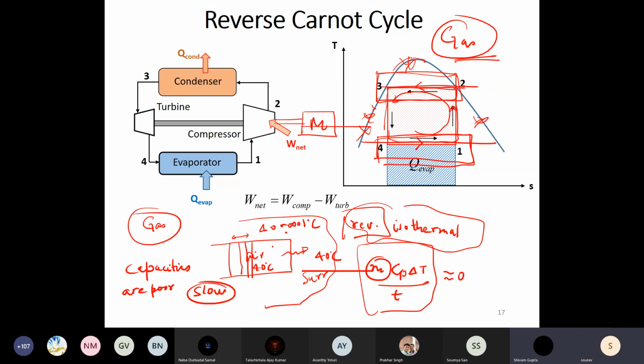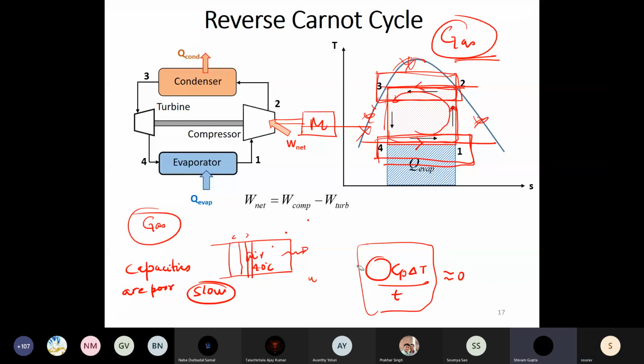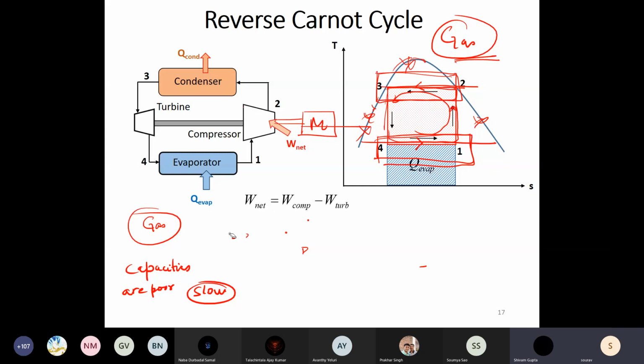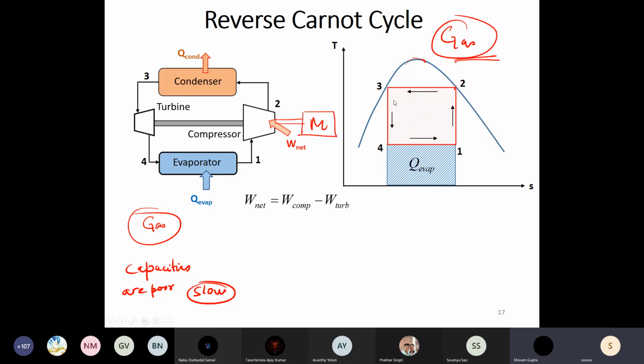Now one can say that we know that isobars and isotherms are the same when we move on to a vapor cycle, when we have phase change. So one intelligent way of trying to devise a reverse Carnot cycle would be to put these isothermal lines inside a dome.